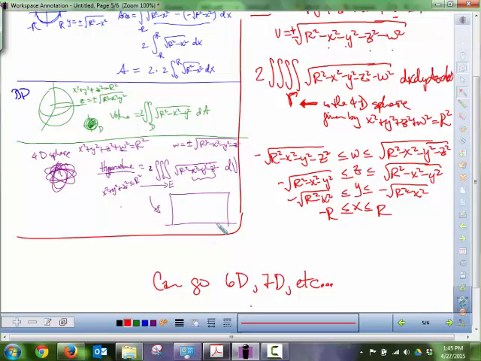And if you want extra credit for the test, the final exam, well, for each of these volumes or hypervolumes or whatever you want to call it, if you find the hypervolume of a 5-dimensional sphere, that would be 1 point, 6-dimensional, 7-dimensional. I'll give you 1 point each, and let's only go up to 8-dimensional.